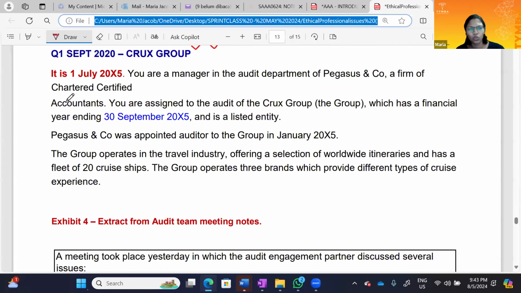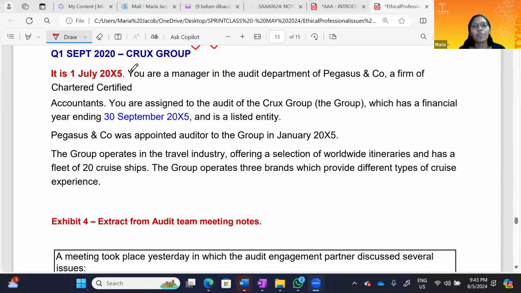Now look at Crooks Group. It is 1st July 20x5. You are a manager in the audit department of Pegasus and Co., a firm of chartered certified accountants. You are assigned to audit the group, which has a financial year ending 30th September 20x5, and it is a listed entity.